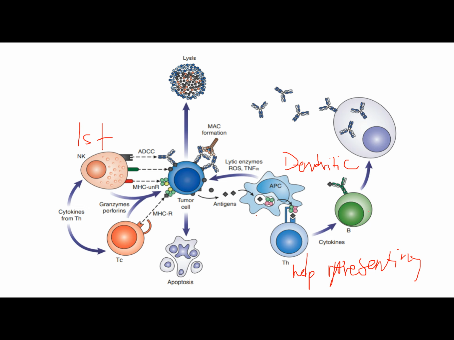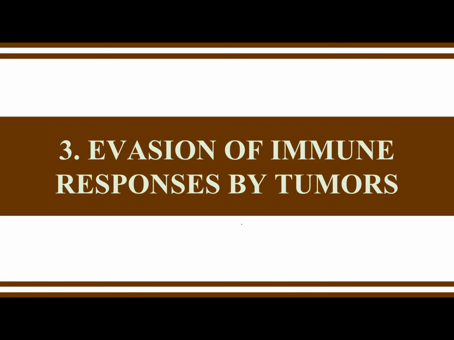And we also have your B cells that would become plasma cells, secreting antibodies that would allow the activation of your complement system, leading to lysis or apoptosis. So this is just a diagram, class, combining all the processes on how tumor cells are attacked with the help of your NK cell, cytotoxic T cell, macrophages, and your T helper cells.